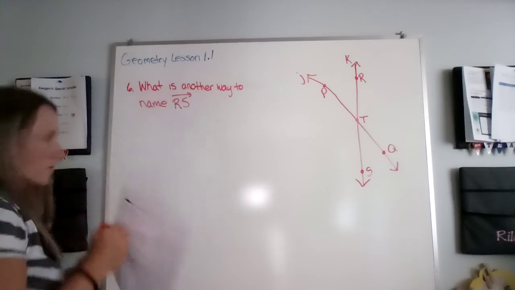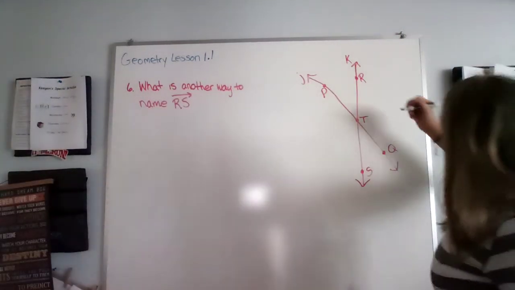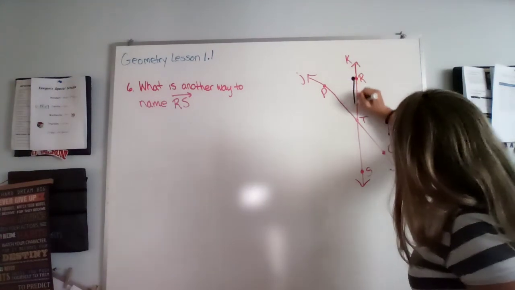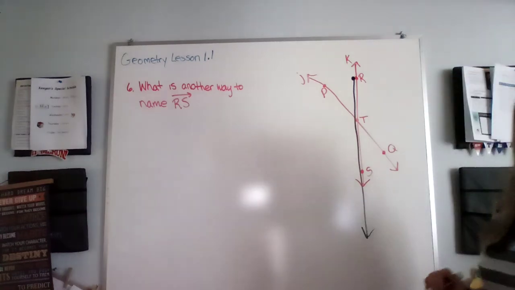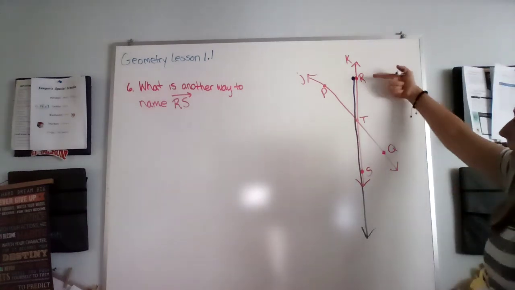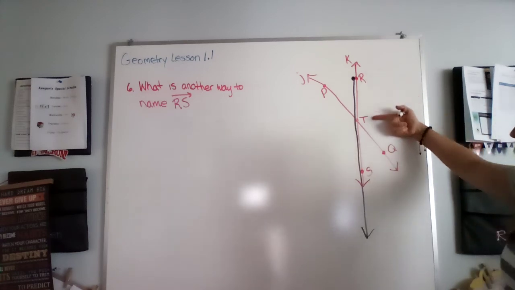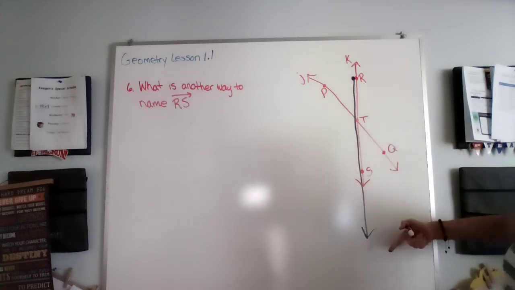So let's go over and look for ray RS. Ray RS starts at R and goes through S forever and ever, right? So that's the ray we're looking at. You can use any point that it goes through to name that ray.